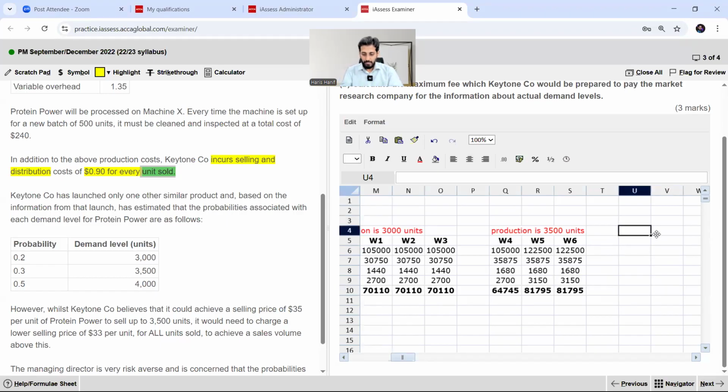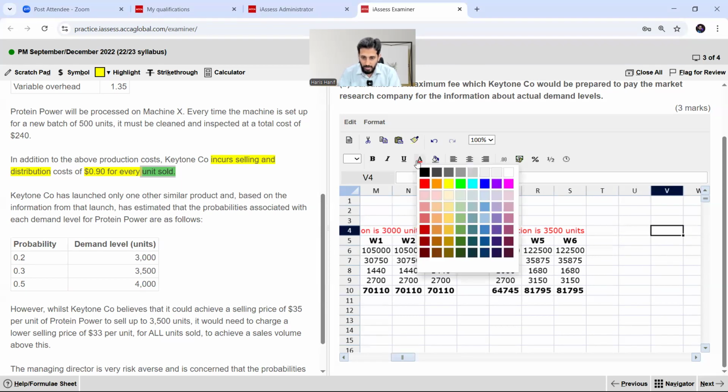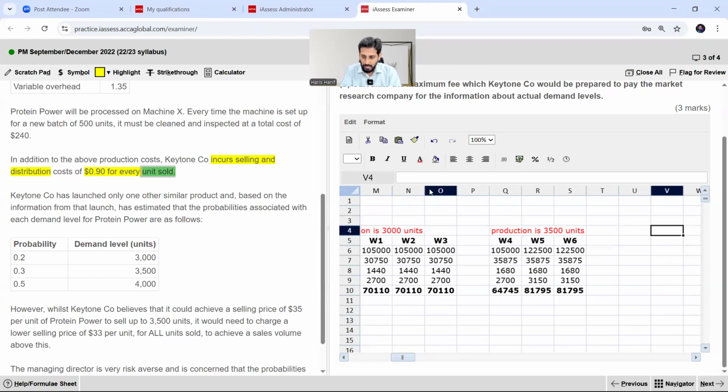Right now, for the next one, the production is 4,000 units. Okay. I have to come over here. Now the production is 4,000 units.